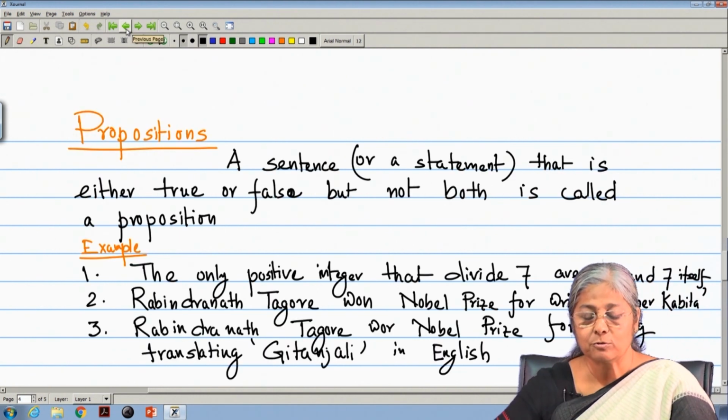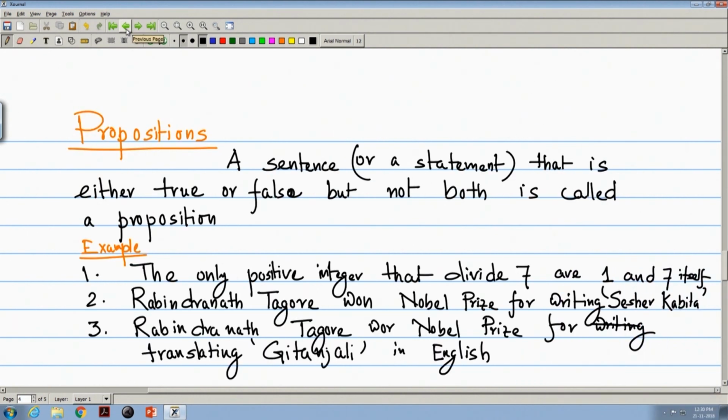We see that the first one, the only positive integers that divide 7 are 1 and 7 itself, is true because 7 is a prime number. Then the second statement, Rabindranath Tagore won Nobel Prize for writing Shesher Kobita, is not correct, which is false.